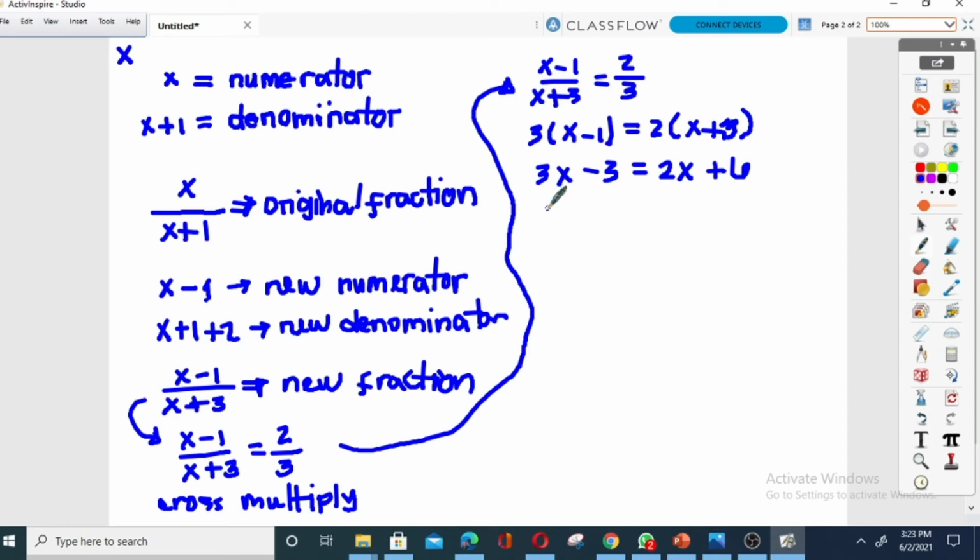Distributive, and then transpose to the left, it will become negative, is equal to 6 plus 3. Negative 3 becomes positive, so therefore x is equal to 9. x is equal to 9.